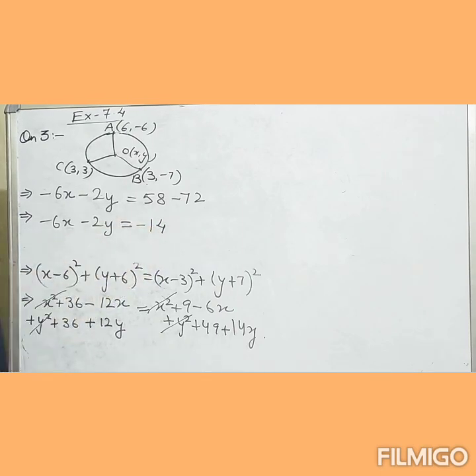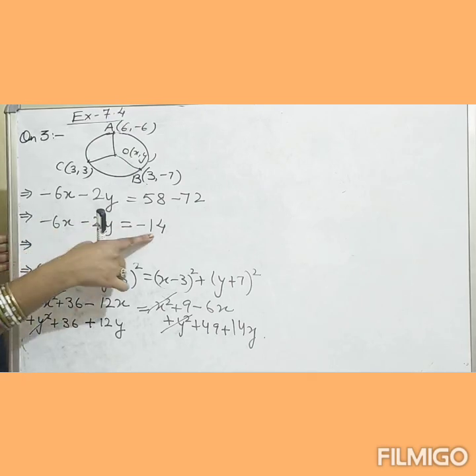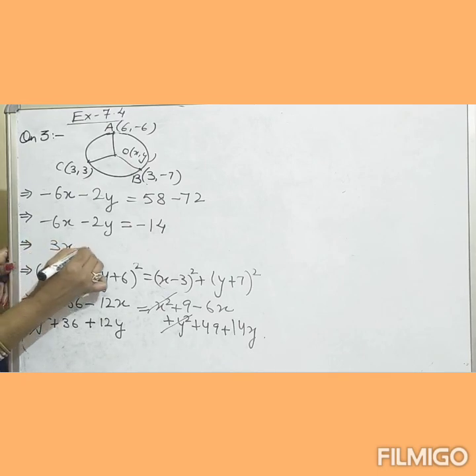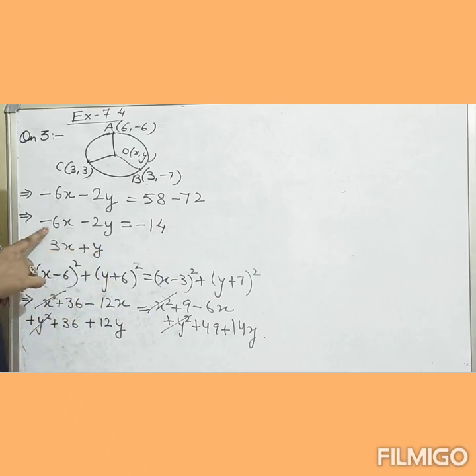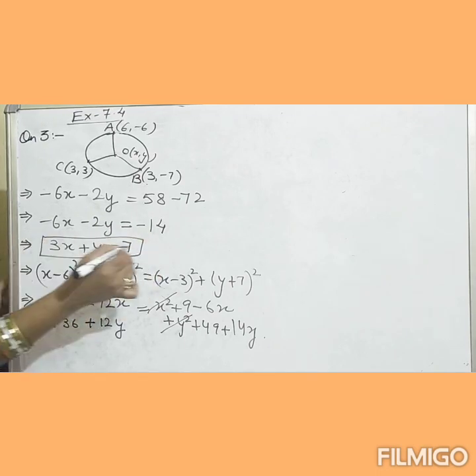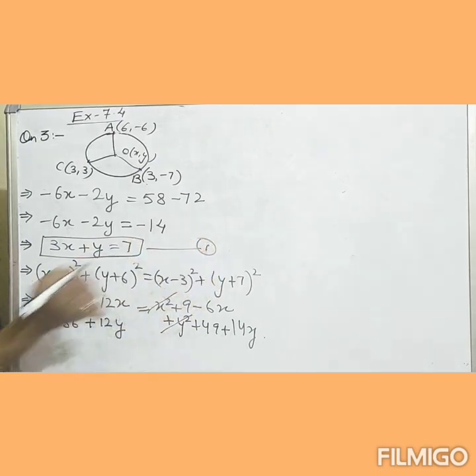So I can take the minus sign common here, and I can divide the whole equation by 2. What I get? Finally I'll get 3x plus y equal to 7. 2 3s are 6, 2 1s are 2, and 2 7s are 14. So this is the first equation, and I have got it by putting OA equal to OB.